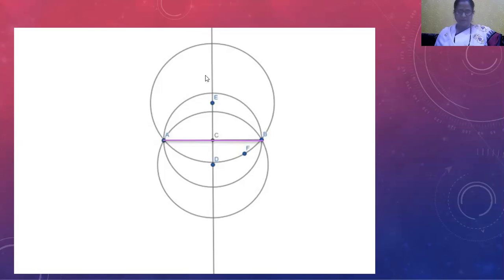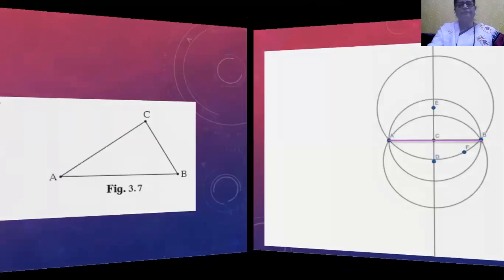How will you draw? You will change the radius along this perpendicular and all those circles will pass through points A and B. You do this activity at home.